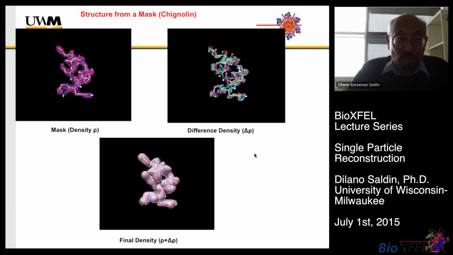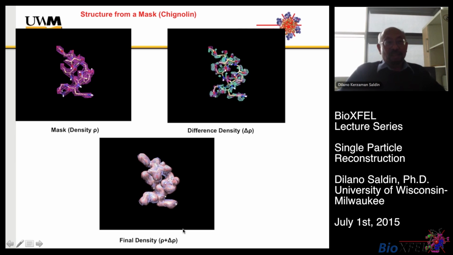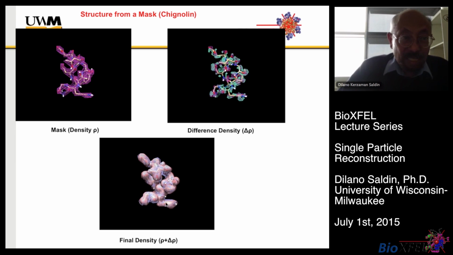I just want to point out one final thing. This idea of finding small differences by this method could possibly be used for improving a good mask that you obtain of a molecule. So suppose we obtain, this is for a small molecule, chignolin, we created a mask only consisting of ones and zeros.